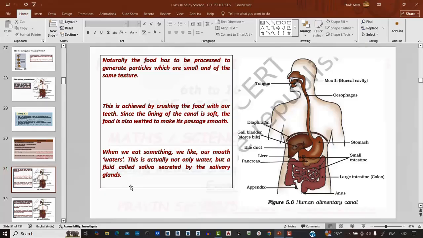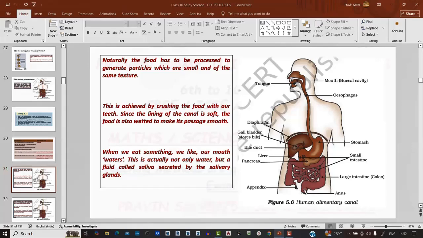First, mouth, then esophagus, then stomach, then pancreas, small intestine, large intestine, and anus.